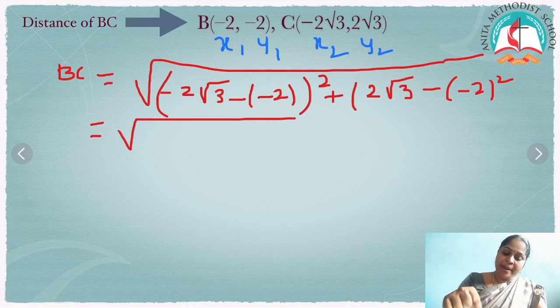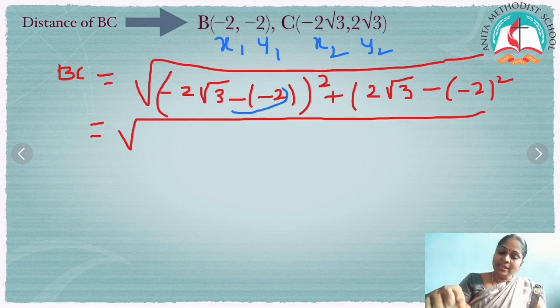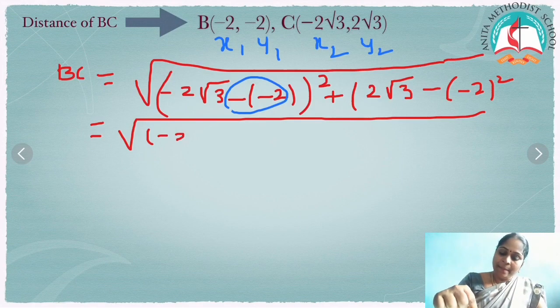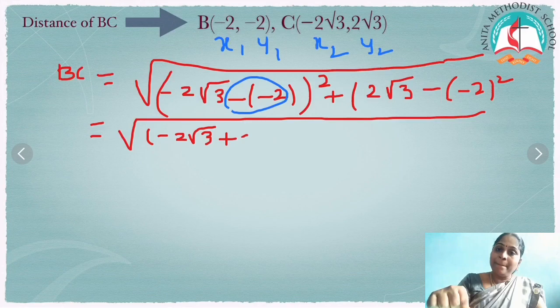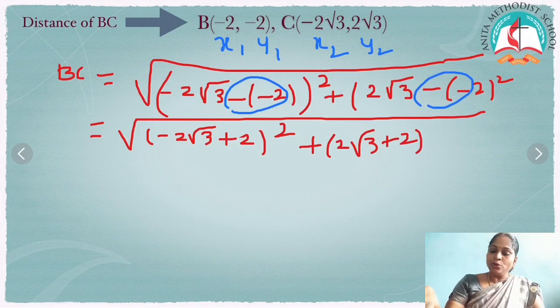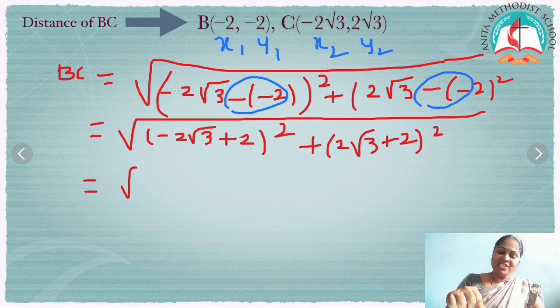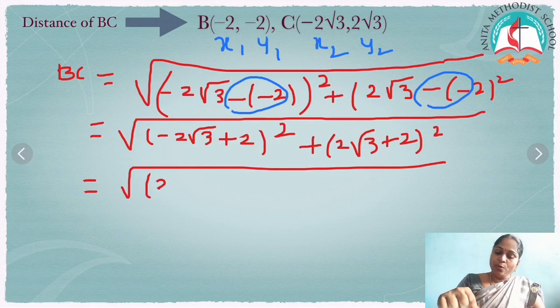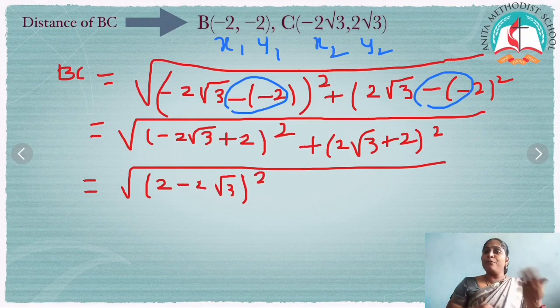Next, we all know minus into minus is plus. So we can write this as (-2 root 3 plus 2) the whole square plus (2 root 3 plus 2) the whole square. Just rearrange this: 2 minus 2 root 3, because 4 minus 5 or minus 5 plus 4, both are the same.